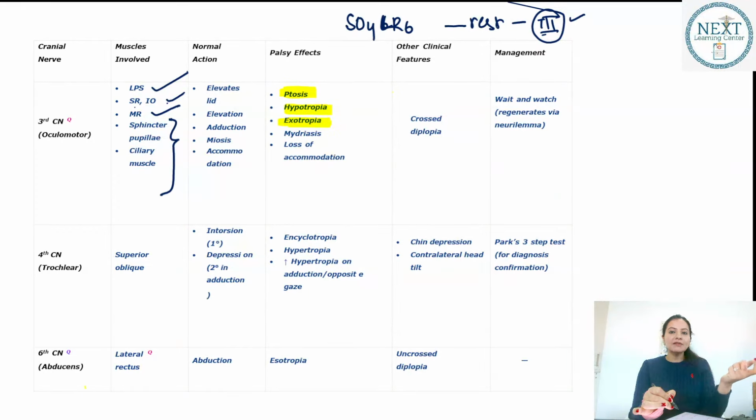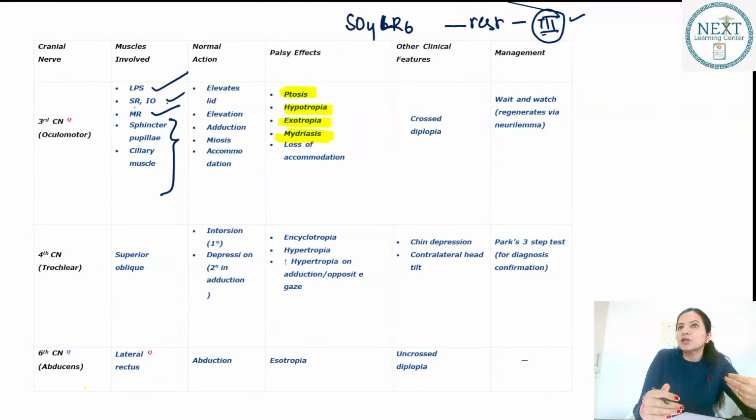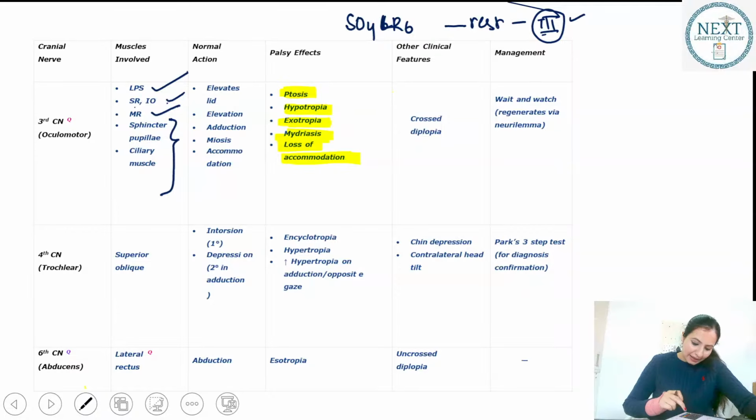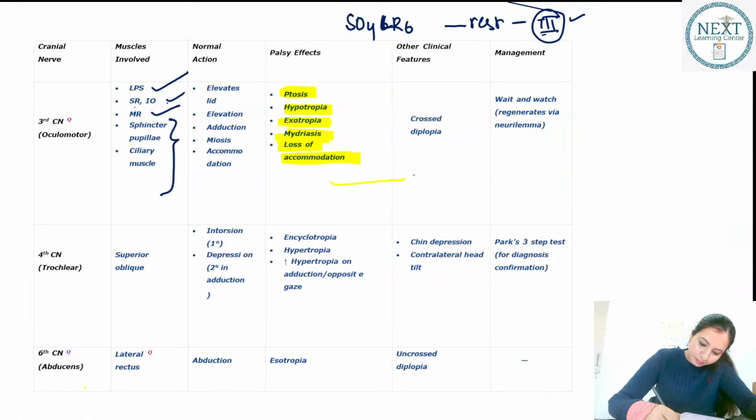Sphincter pupillae will lead to miosis. Once it is gone, it will lead to mydriasis. Ciliary muscle, we know it is responsible for accommodation. So once the nerve supply is gone, it will lead to loss of accommodation. So can I say in a patient of third cranial nerve palsy, the eyeball will be down and out.